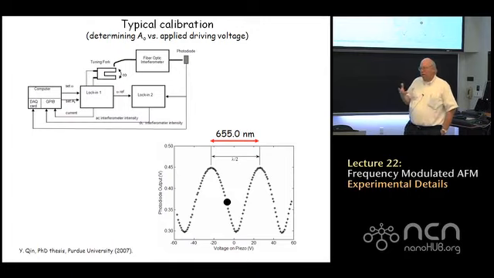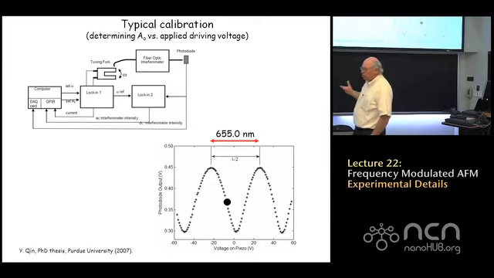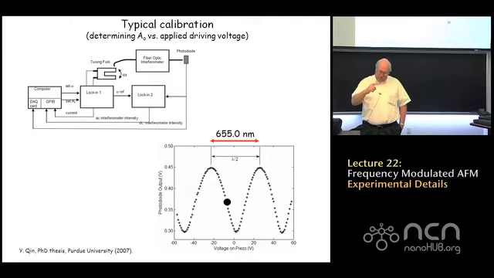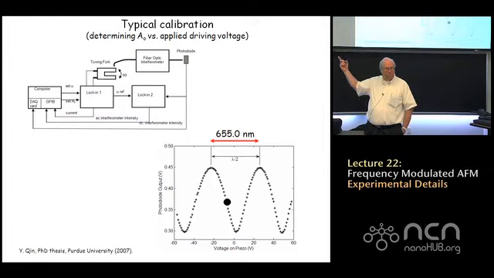So by doing a sequence of calibration curves, you can calibrate the amplitude of the tuning fork tine as a function of the voltage that you apply to the electrodes of the tuning fork, and you can get that calibration as precise as you believe the 655 nanometers of your laser photodiode that you use in this fiber optic interferometer.